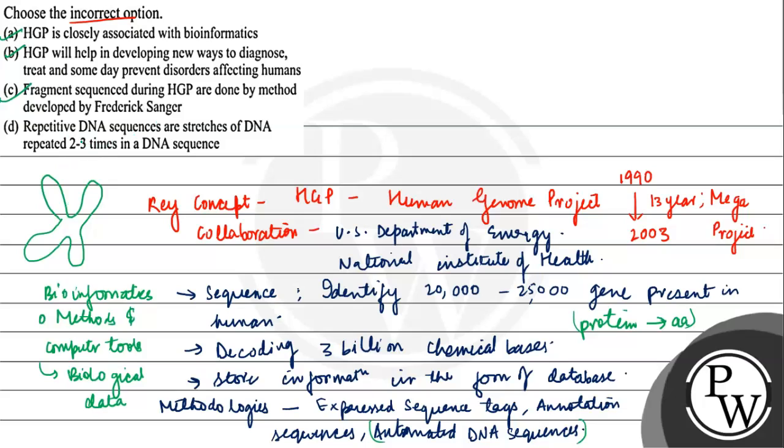They can be repeated from 100 to 1000 times in a DNA sequence. So it is a wrong statement. Only satellite DNAs or SNPs can be observed repeating 2 to 3 times. So this is a wrong statement, and now we can conclude that option D is the correct answer.